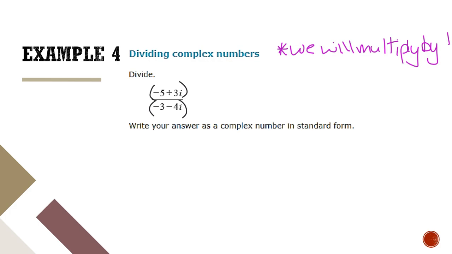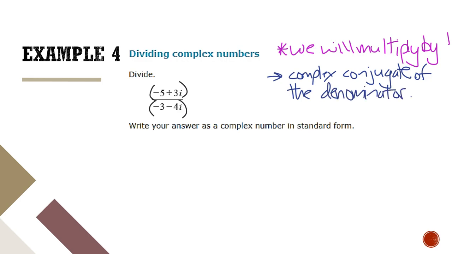And we're going to be using what's called a complex conjugate. Basically, a complex conjugate is, let's say the complex conjugate of the denominator, to be specific.